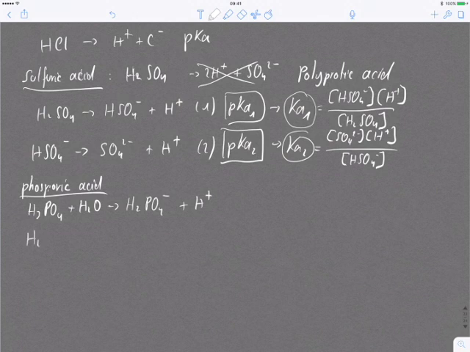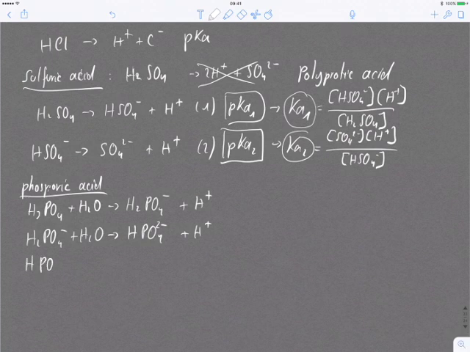Then this H2PO4 minus plus water will dissociate to form HPO4 2 minus plus H plus, and then you will have your HPO4 2 minus plus H2O will give you your phosphate 3 minus plus H plus.